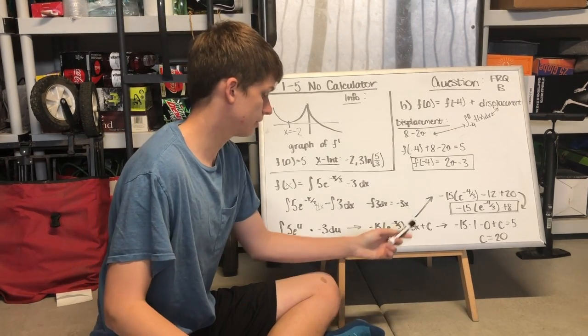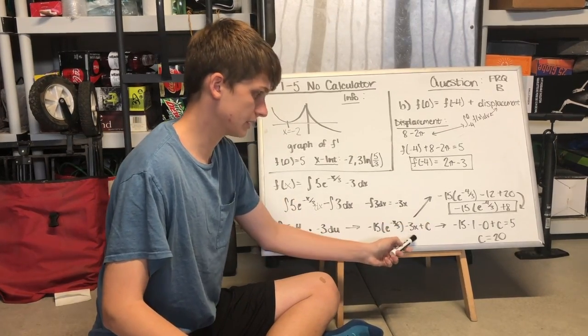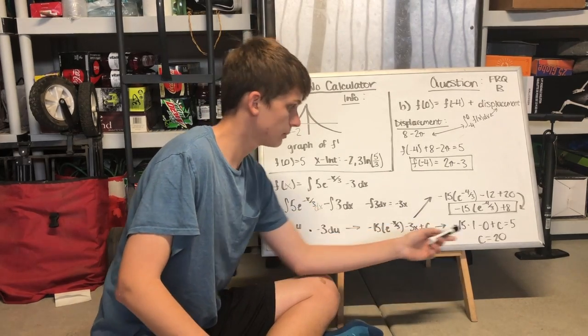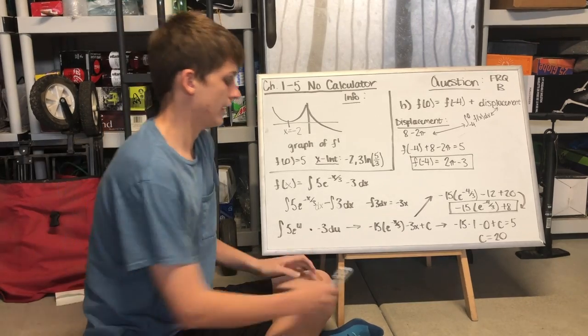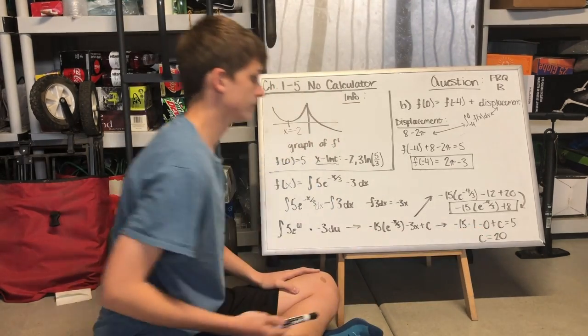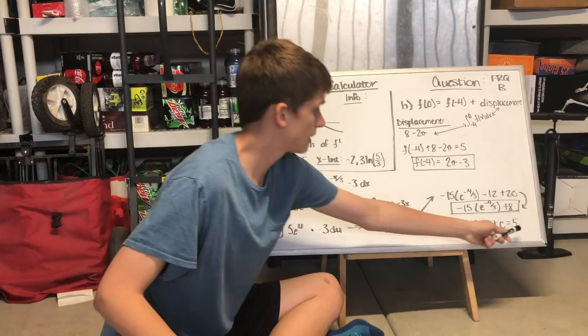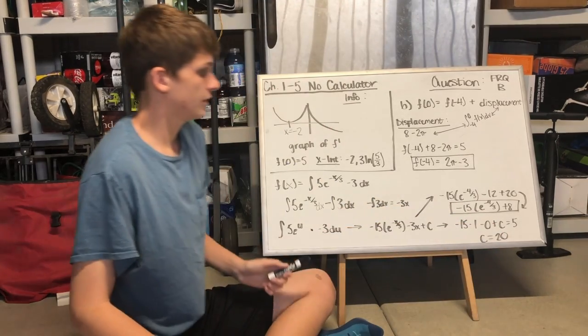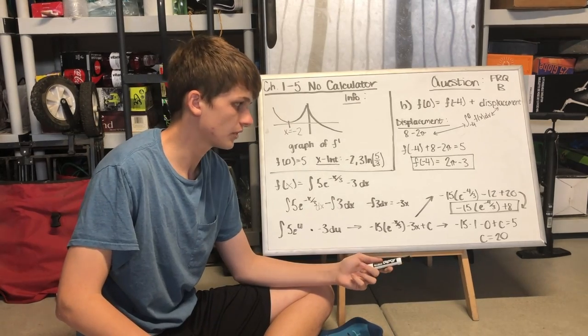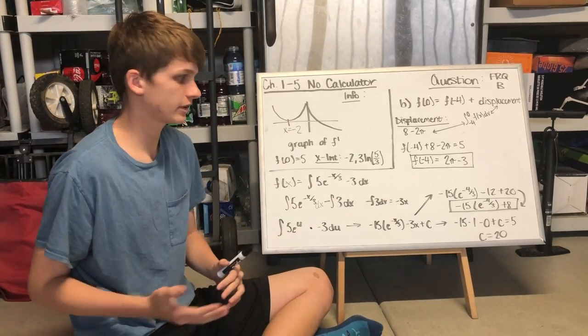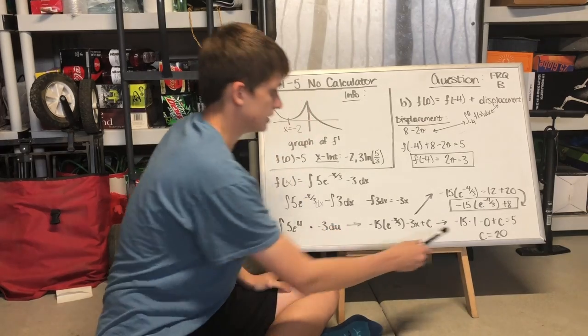And then we have minus 0 because negative 3 times 0 is 0, plus c because we don't have anything to represent c yet, and then this all equals 5. So when we simplify this whole thing down, we get negative 15 plus c equals 5, so we can just add 15 to both sides, so c equals 20.